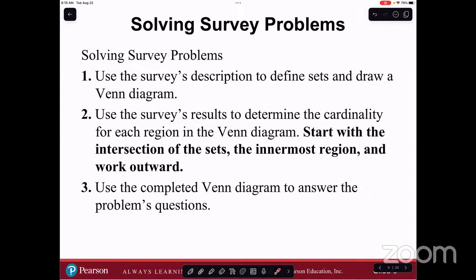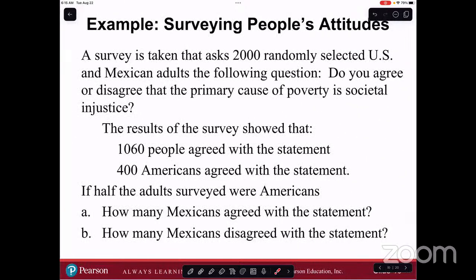A survey is taken that asks 2,000 randomly selected US and Mexican adults: do you agree or disagree that the primary cause of poverty is societal injustice? The results show that 1060 people agreed with the statement, and 400 Americans agreed. If half the adults surveyed were Americans, how many Mexicans agree with the statement and how many disagree?